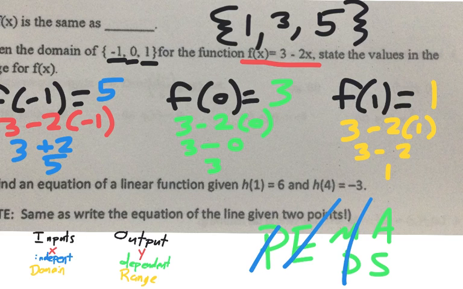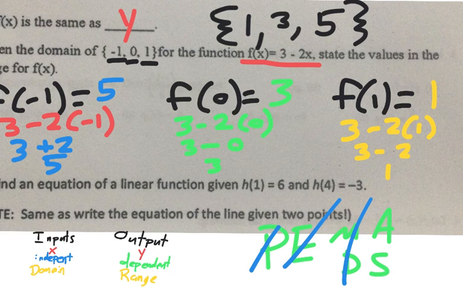1, 3, and 5. Then we looked at that first fill in the blank. I told you f of x is just another way to say what? F of x is the dependent variable. It's the output. It's our y. F of x just means y.